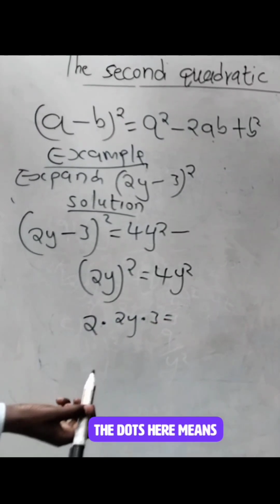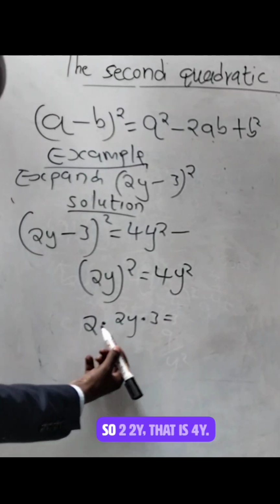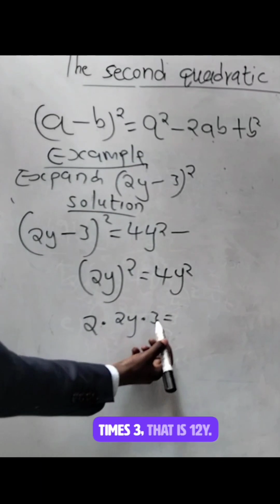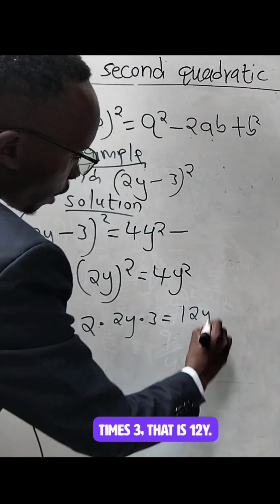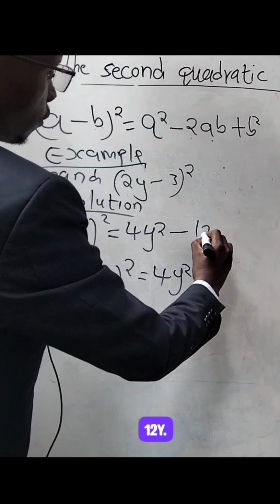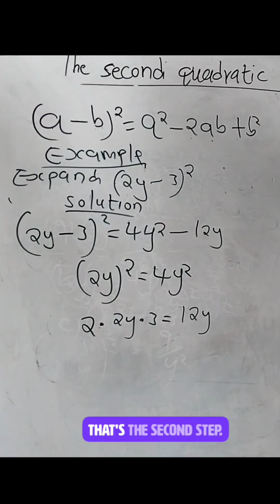The dots here mean multiplication. So 2 times 2y, that is 4y, times 3, that is 12y. This is what you put here, 12y. That's the second step.